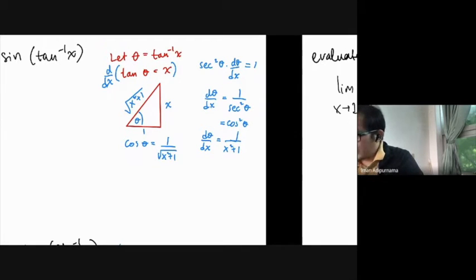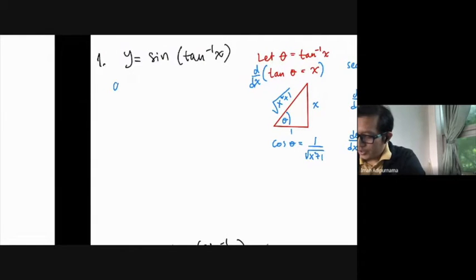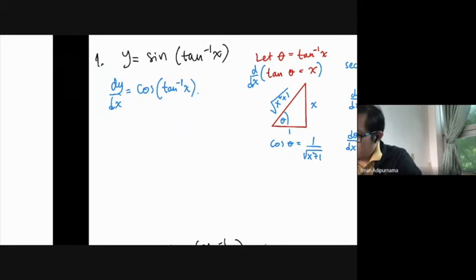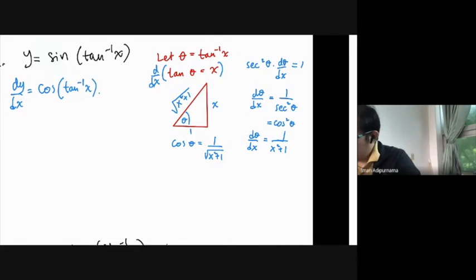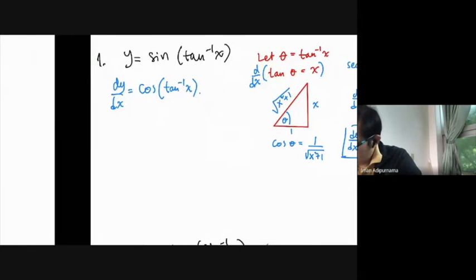When you have this, you find dy dx using the chain rule. Using the chain rule, you get cos of tangent inverse x, and then multiply with the derivative of tangent inverse, which is this one.